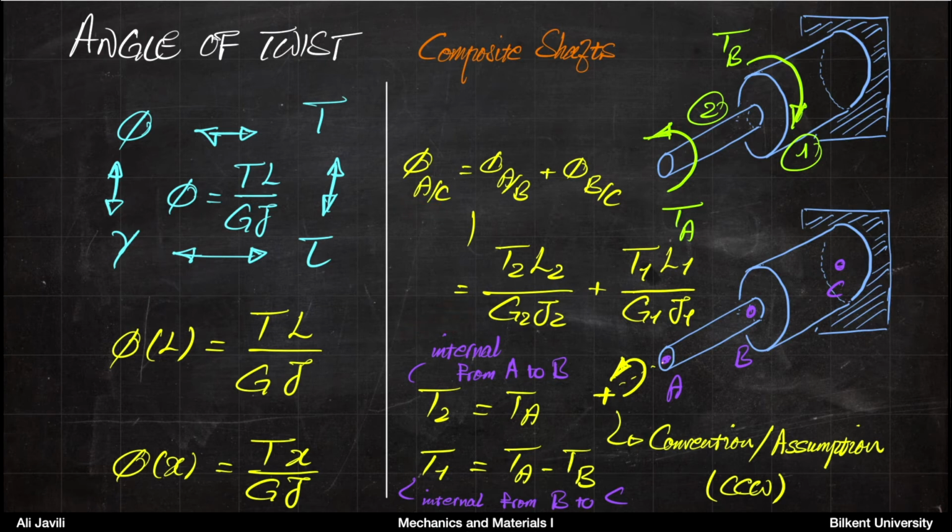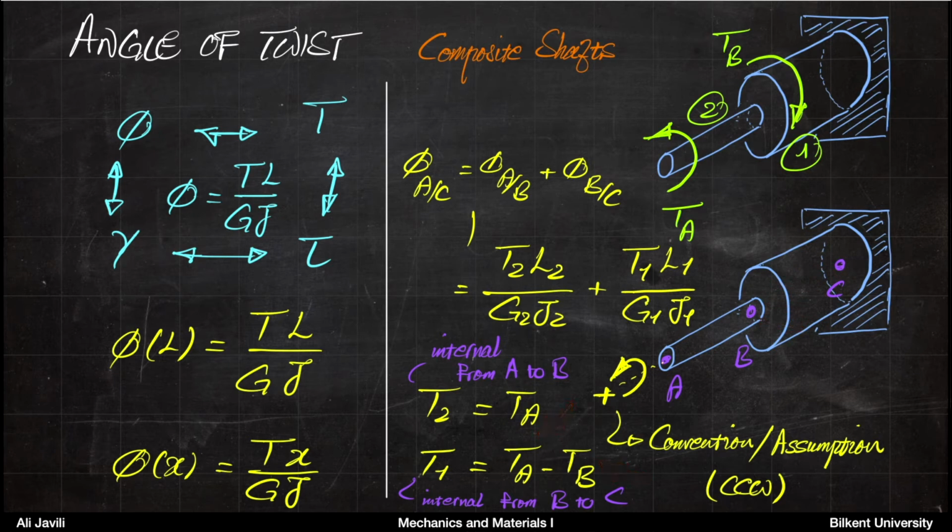Now, if you cut the structure somewhere here in part 2, internal torque T2 happens to be TA. So you can calculate that from the balance of moments with respect to, let's say, the x-axis, assuming that this is your x-axis. But if you cut it somewhere here, then the internal torque in part 1 is TA minus TB.